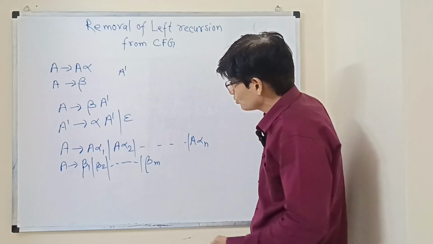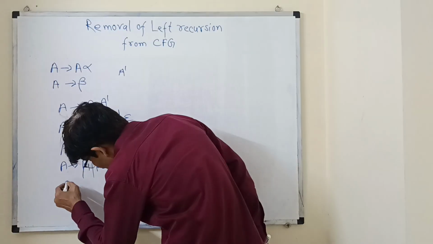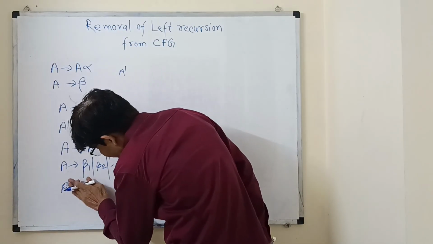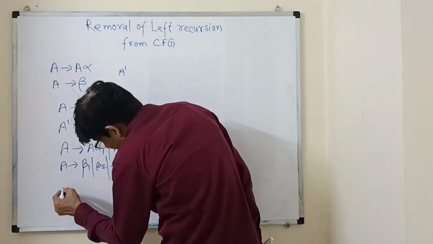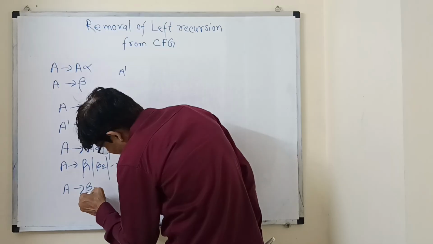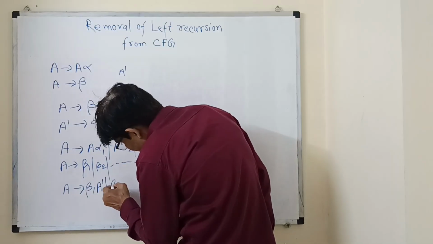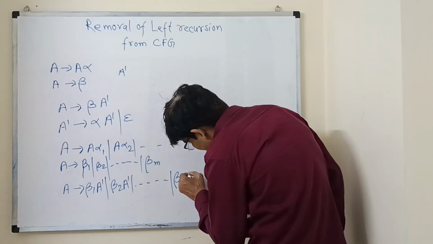As I told you, I can take A dash again here. First we will write this particular type: A gives beta 1 A dash, beta 2 A dash, similarly beta m A dash.